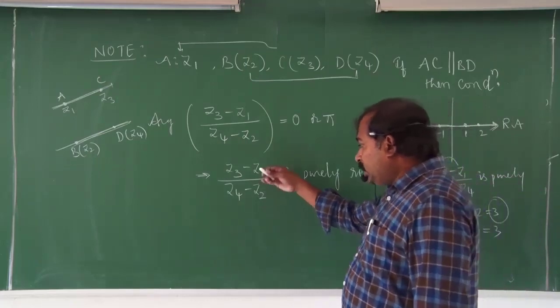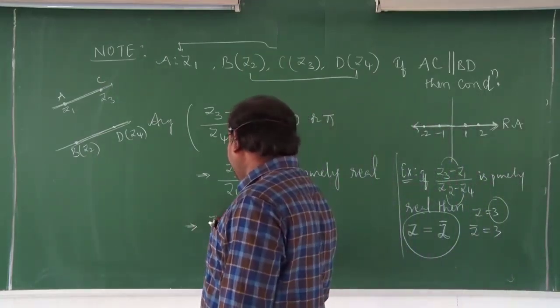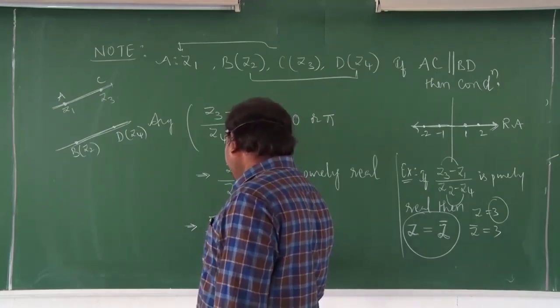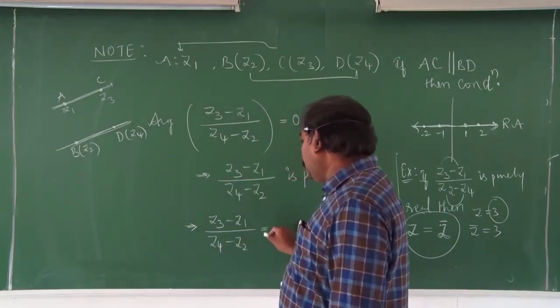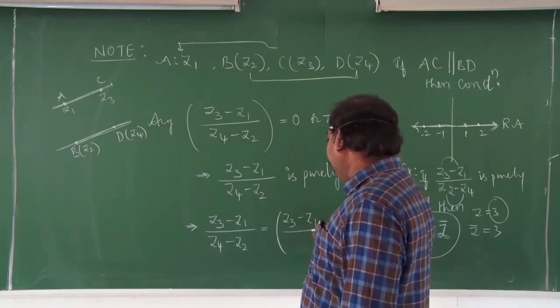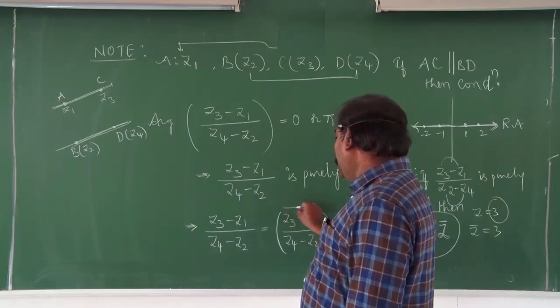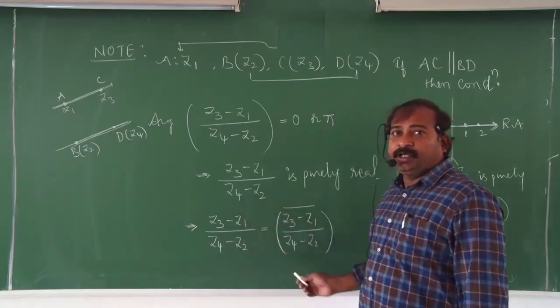So, the next extension point, what can you conclude? (z3 minus z1) by (z4 minus z2) equals the whole conjugate of (z3 minus z1) by (z4 minus z2). This complex number is nothing but equal to its conjugate.